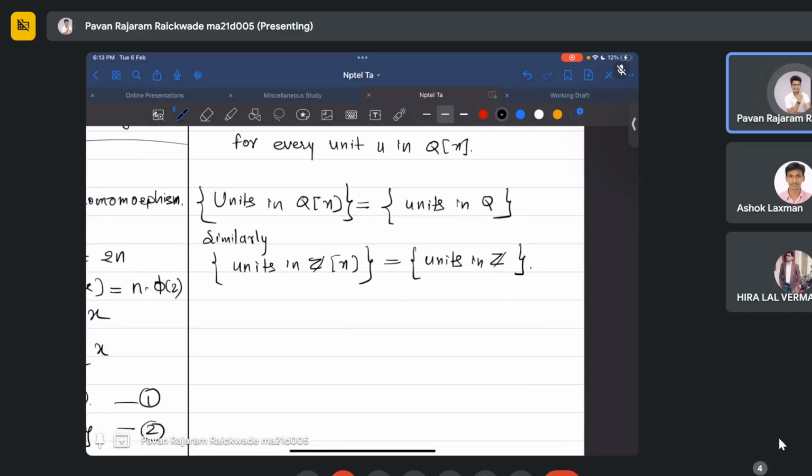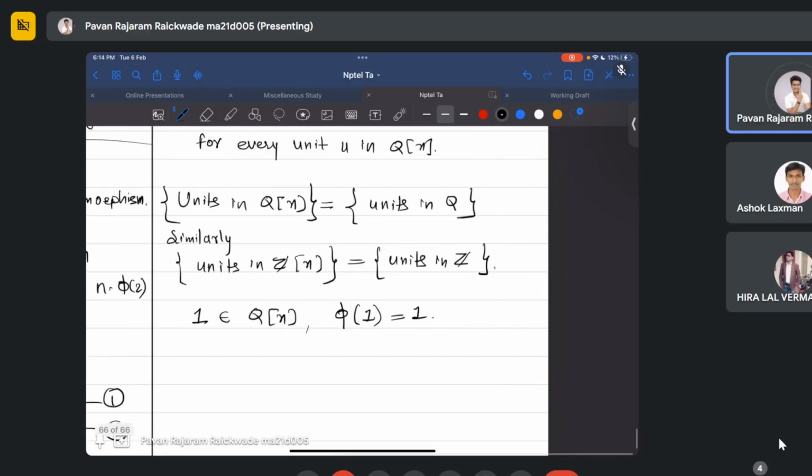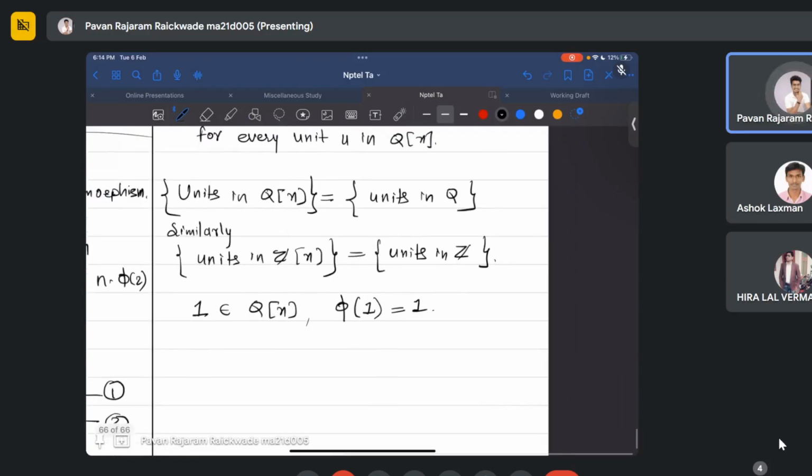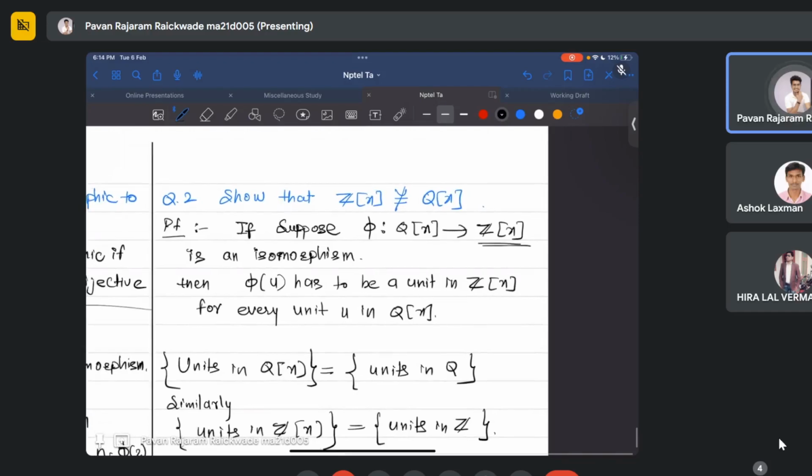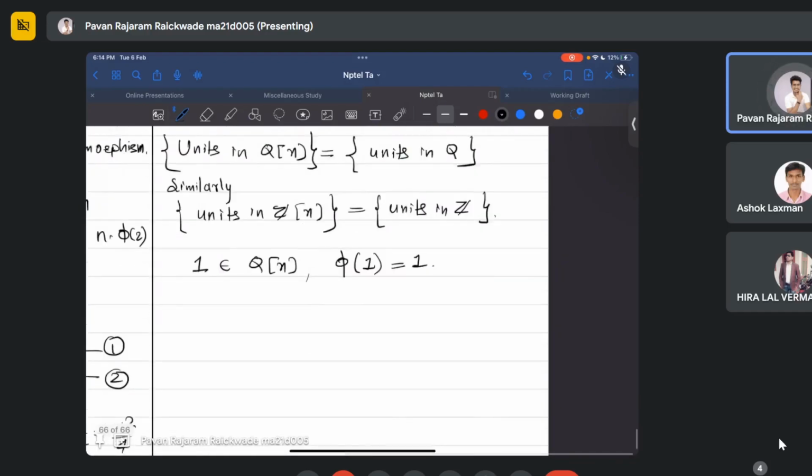If the first unit in Qx, let's say the constant 1 belongs to Q over X, and we know that under a ring homomorphism, if the codomain is an integral domain, then phi of 1 has to be 1, right? The unity has to go to unity, under a ring isomorphism, if the codomain is an integral domain. So now, because your codomain Zx is an integral domain, that means phi of 1 is 1.